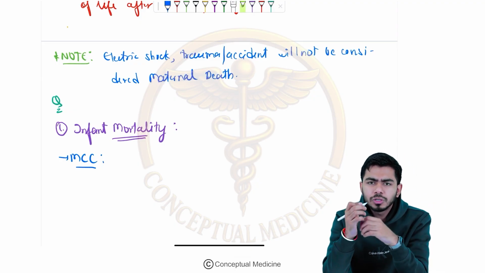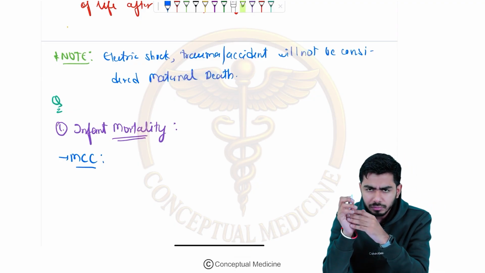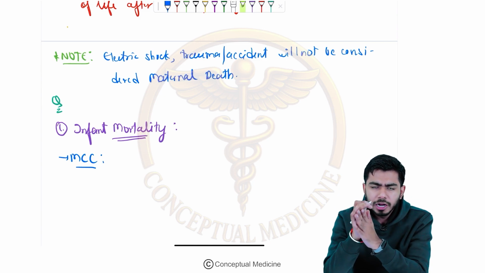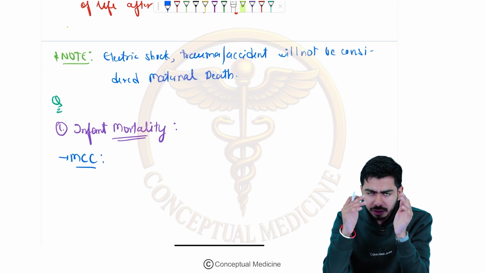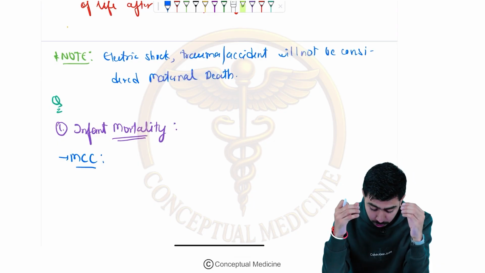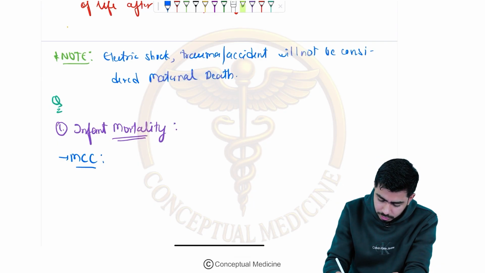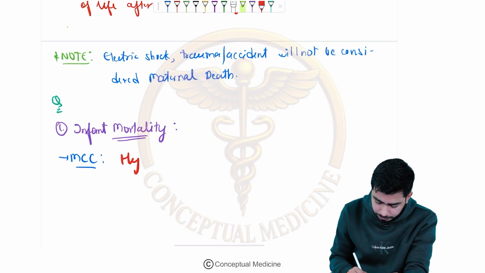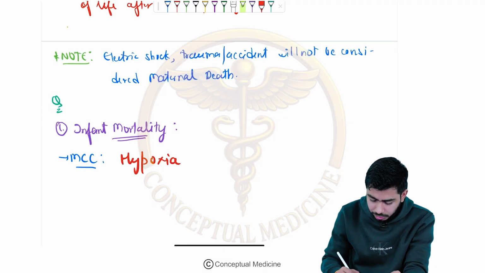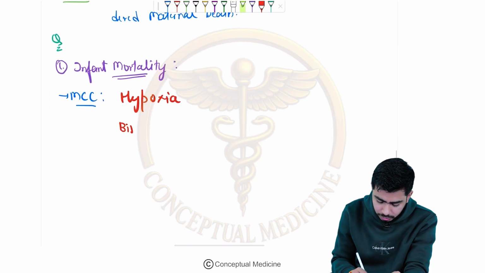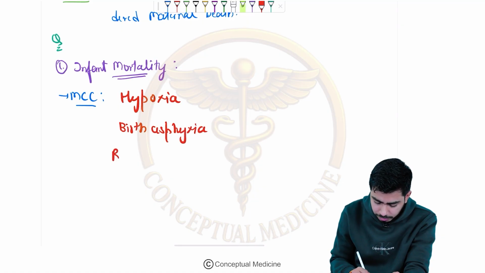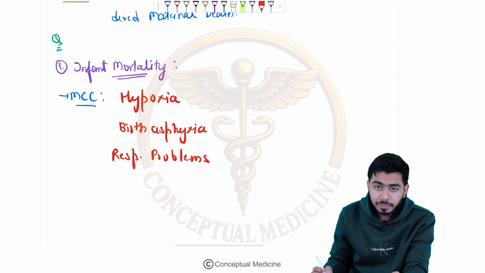Usually, previously they used to say it is prematurity, right? But now they are saying that it is not prematurity. The most common cause for infant mortality is hypoxia. Very, very important. Either it could be hypoxia, or birth asphyxia, or any other respiratory problems that might be leading to it.